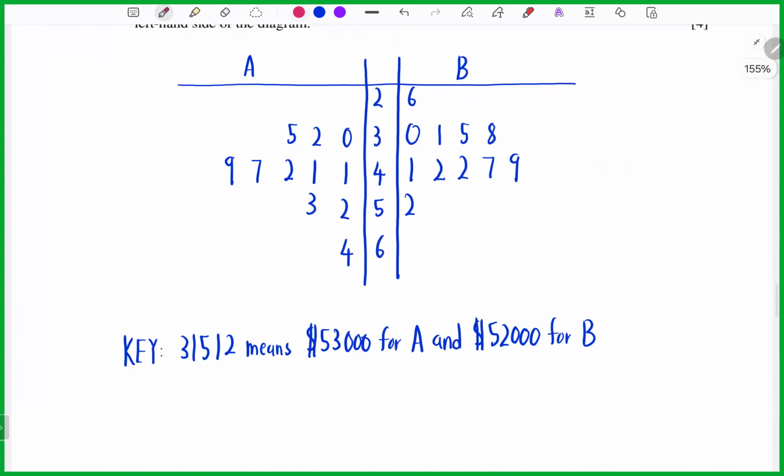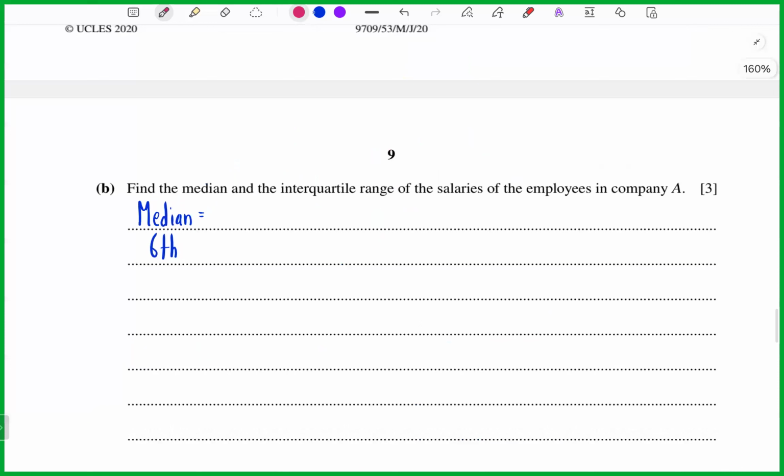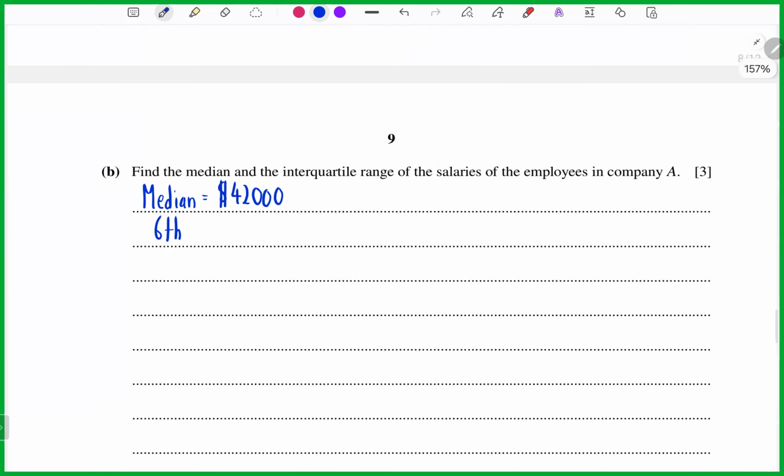Okay, 1, 2, 3, 4, 5, 6. The 6th term, so you can take 42, that is 42 thousand dollars. Now we look at the lower quartile and upper quartile.